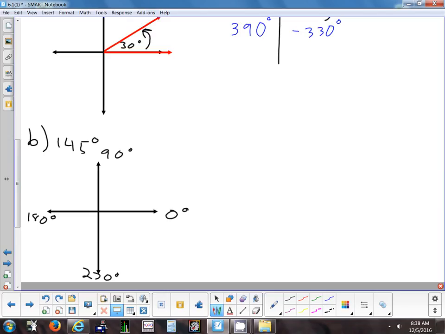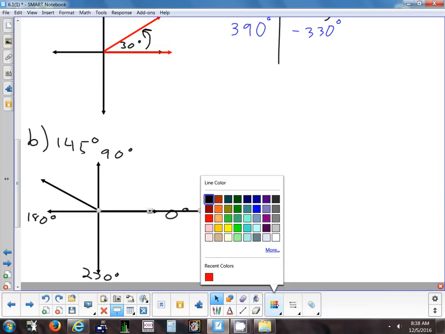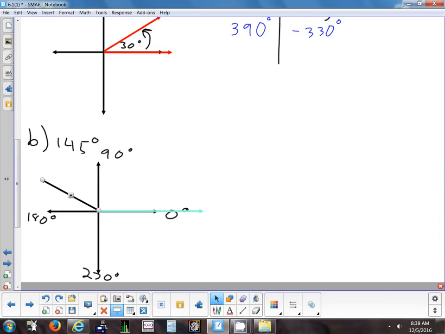Yeah, a little closer to 180. If you go right in the middle of 90 and 180, it's 135. Just average the two and you would see that that's right in the middle. So 145 would look, let's see, if that's right in the middle, that's a little bit past the middle. Okay, so there's my angle, right there.